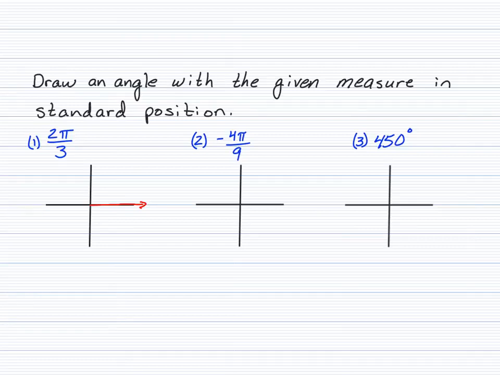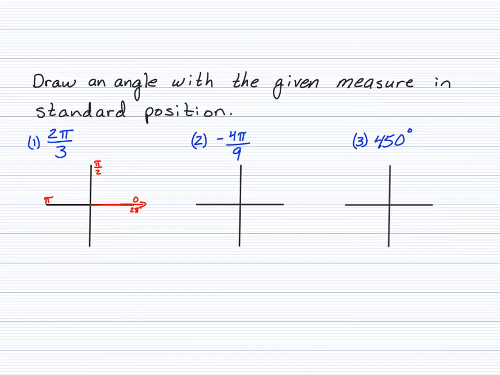So initially, you are looking at an angle of 0 radians, and then all the way around your circle is 2 pi radians, which means if you are going from here all the way to here, that is going to be half of the 2 pi, or 1 pi radians. And then this would be half of that, so pi over 2 radians.